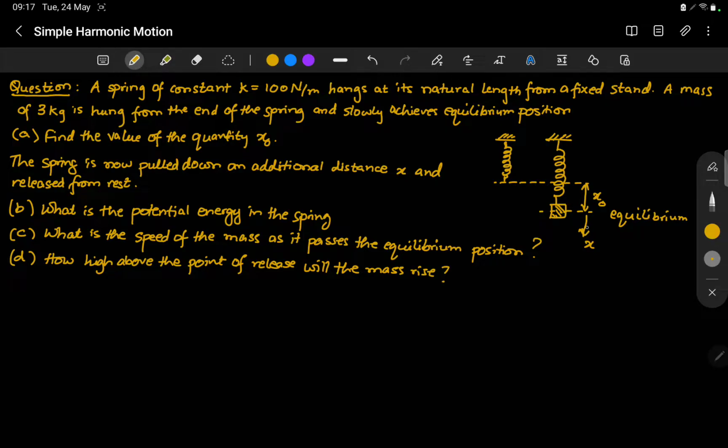Since this is going to lead to simple harmonic motion, so the mass will oscillate up and down. So we need to find out the highest point. The next part is, what is the period of oscillation?